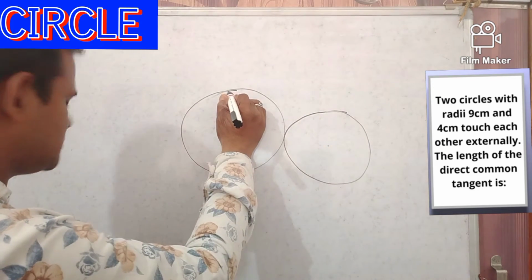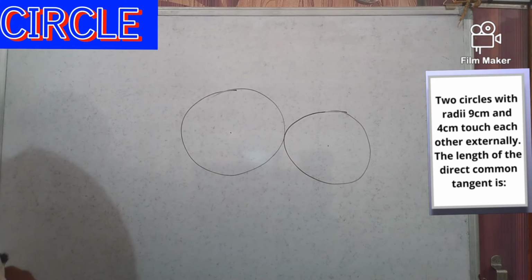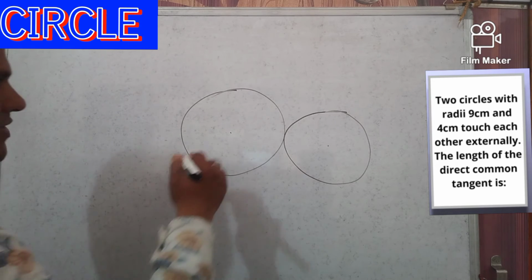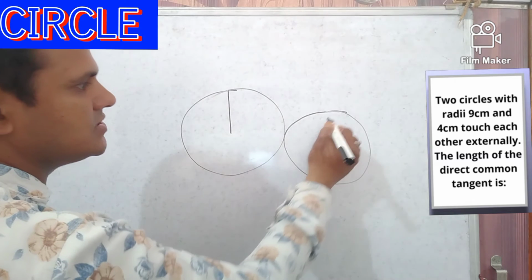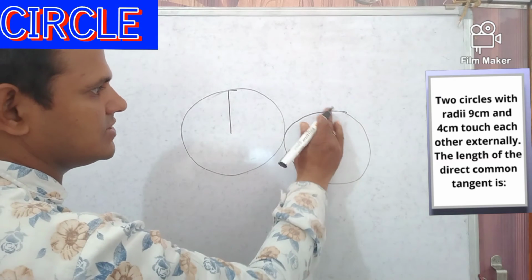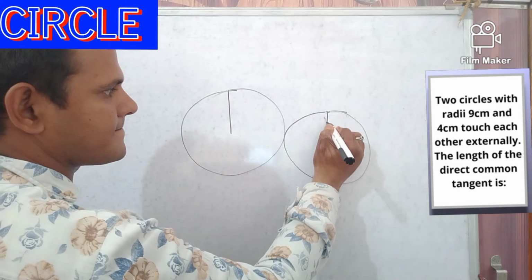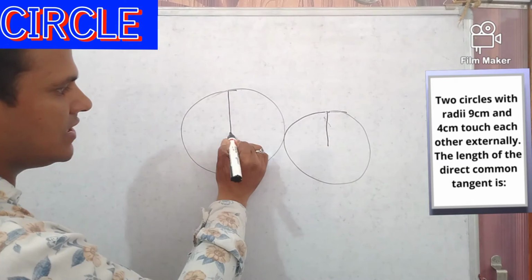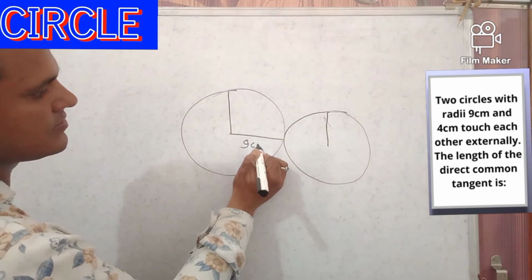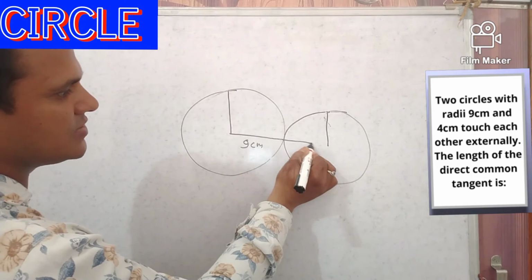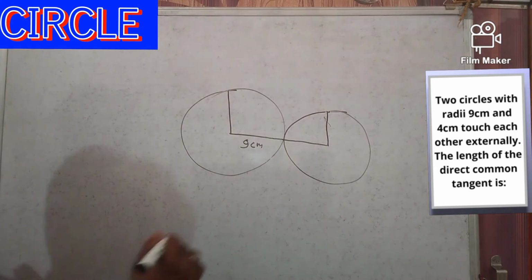So the radius is given: 9 centimeter and 4 centimeter. This radius is 9 centimeter and this radius is 4 centimeter. So the total length is 9 plus 4, which is 13 centimeter.